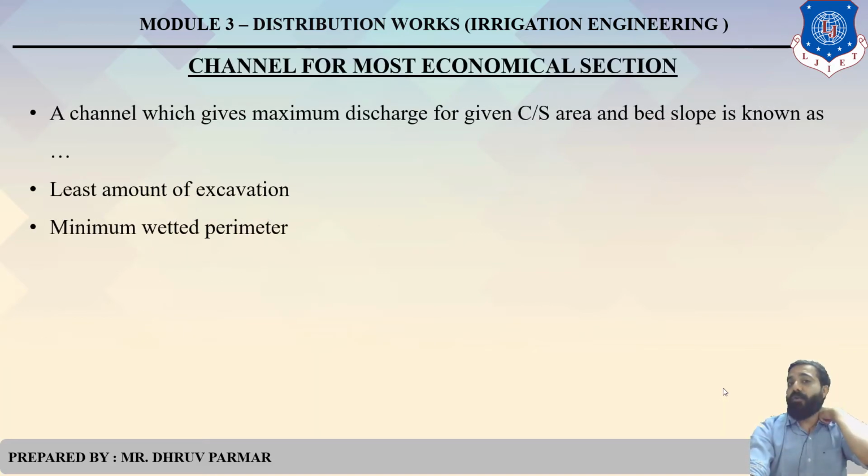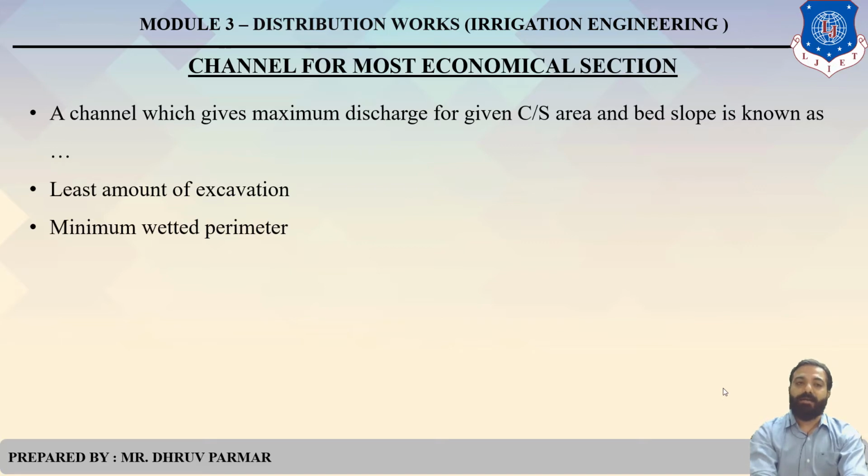So what is the most economical section of a channel? It means a channel that gives maximum discharge for a given cross-section area and bed slope; that is called the most economical section. Clear? You get maximum discharge of that particular channel at that cross-section area.